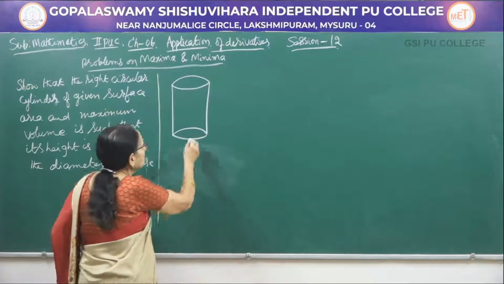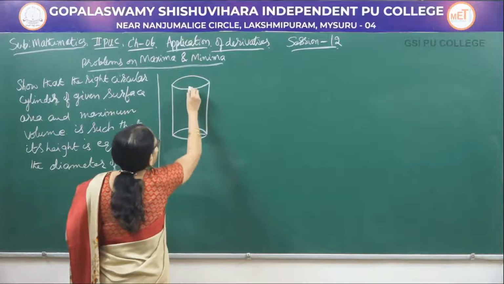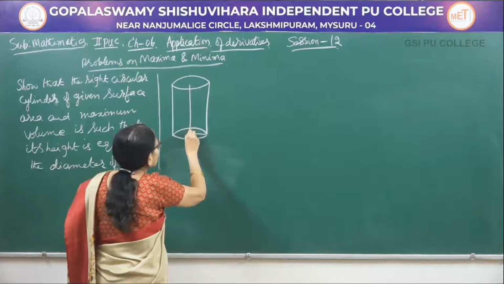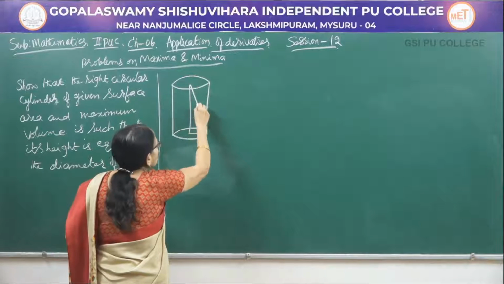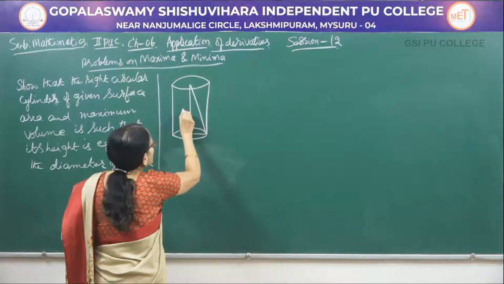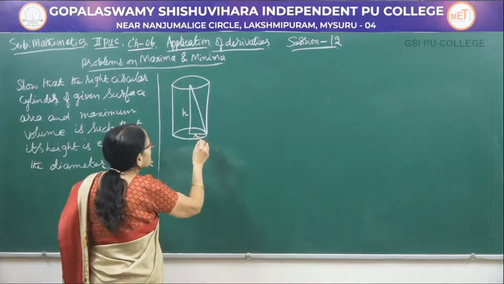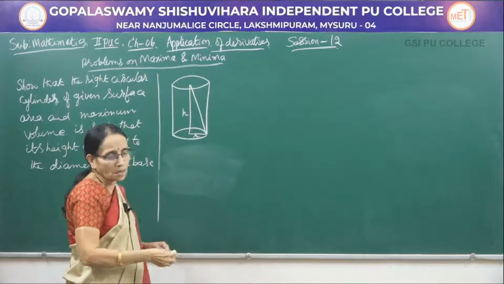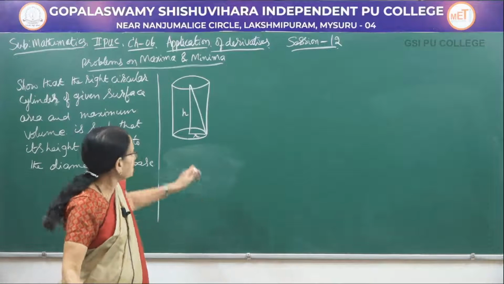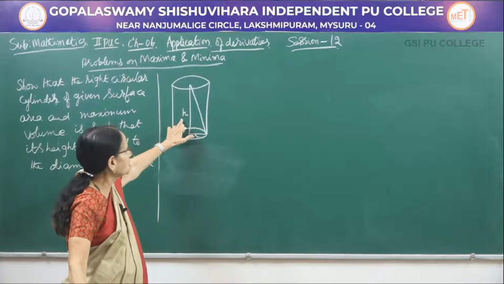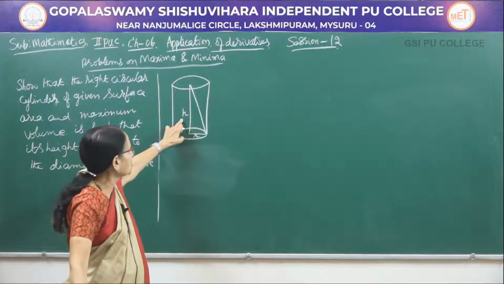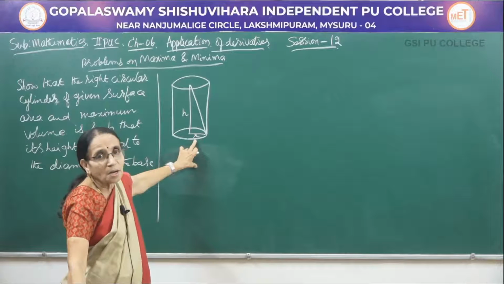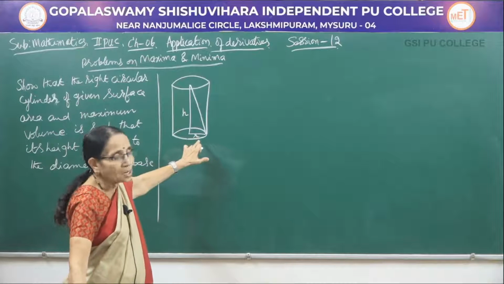Now here let me take the radius and the height like this. Okay. Now join this. This is the height and this is the radius of the base. This is how we have to write. The height is the height of the cylinder, I am taking it as h here, and the radius of the base is taken to be r.